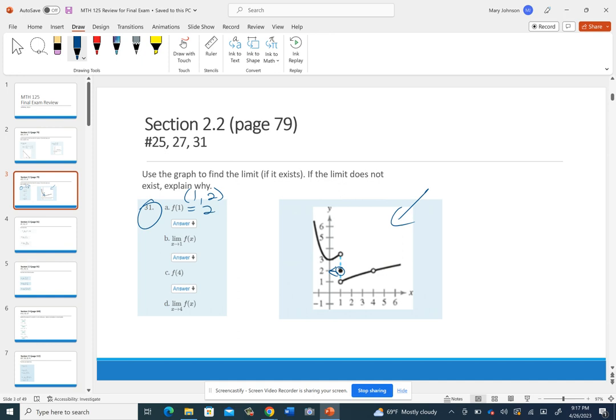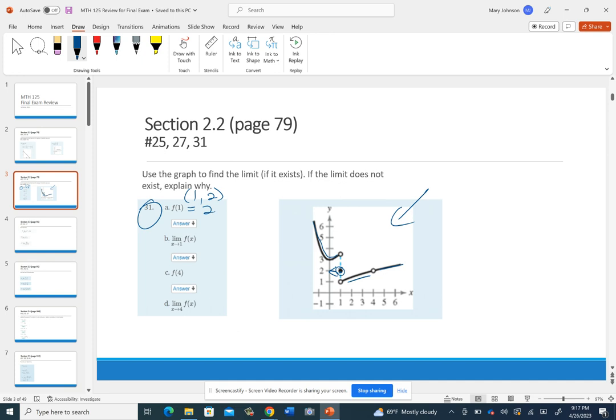Now, on the next question, it asks me what's the limit of the function. And see, the function is all these ordered pairs you see, right? That's the function, okay? So it's asking me for the limit of that function as x approaches 1. And see, it's not 1 with a little minus sign after it or 1 with a plus sign.